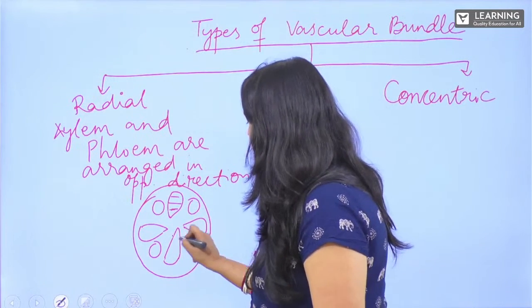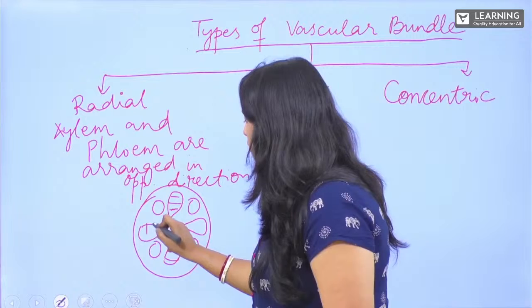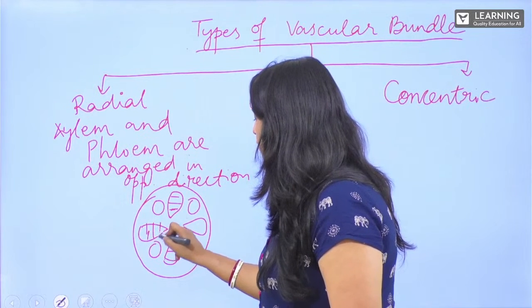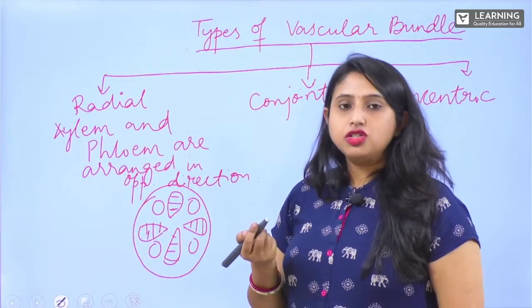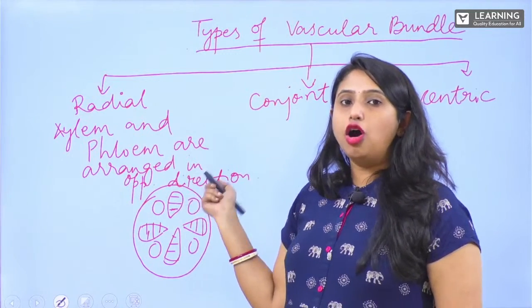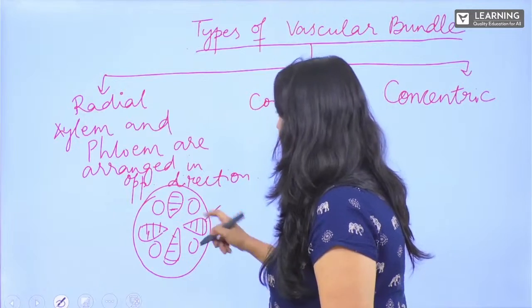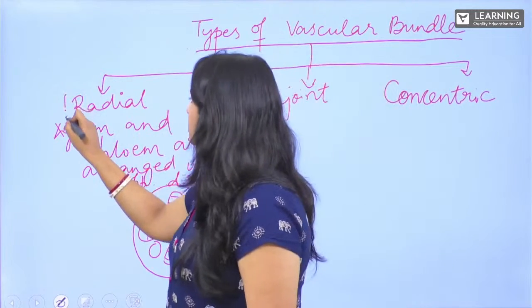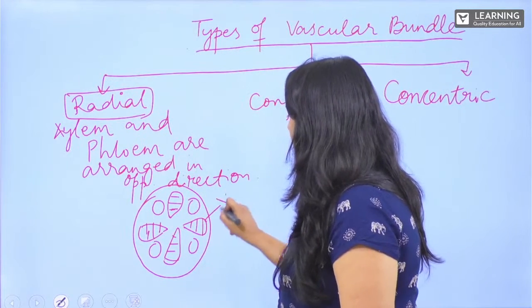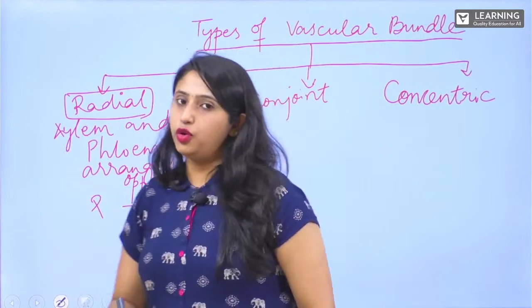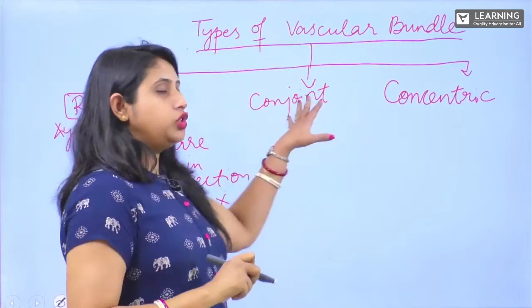So this one is your xylem. They are in the form of radius. See, this is the xylem and this round one is your phloem. They are arranged in an opposite direction. So this is your radial vascular bundle. Now, what about this conjoined vascular bundle?